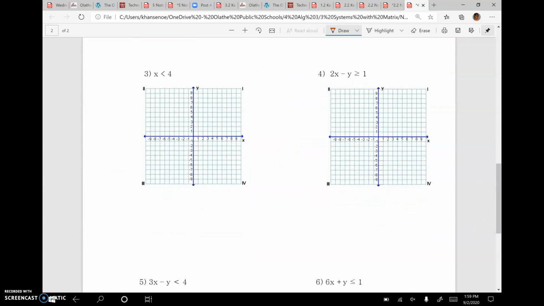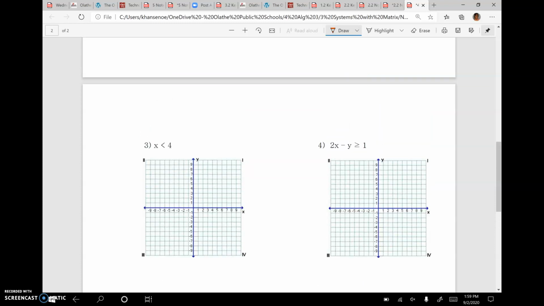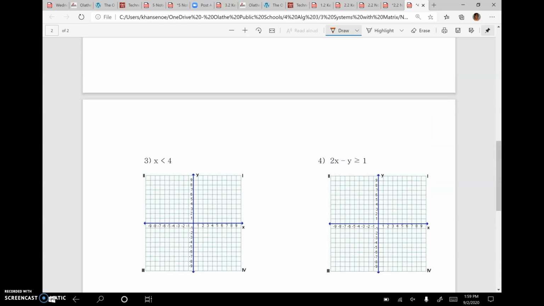So we already had one similar to this. But remember, I think I'll just write it at the top of this page. Remember, if I have x is greater than -2, here's my axis.